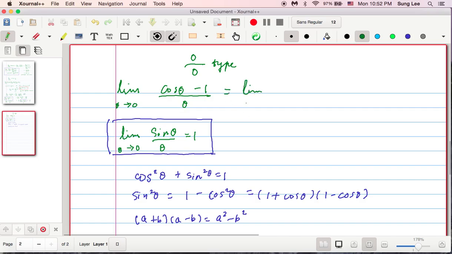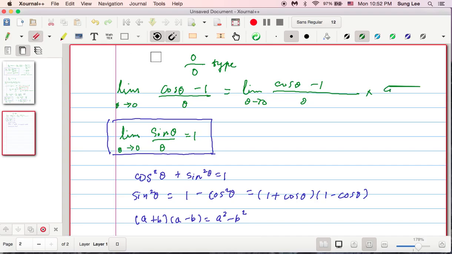So this hints at what we can do. Take the limit as theta goes to 0. What you have to do is multiply the numerator, cosine theta minus 1, and the denominator, theta, by the conjugate of cosine theta minus 1, which is cosine theta plus 1, over the same thing, cosine theta plus 1.